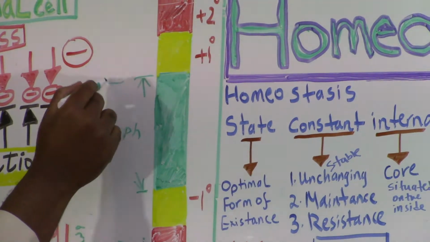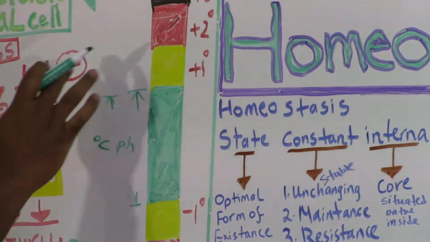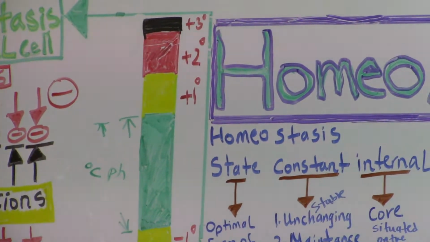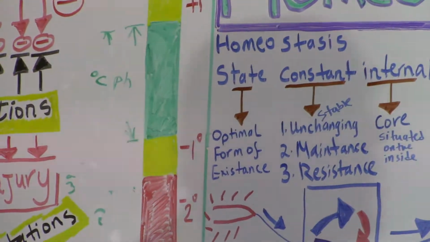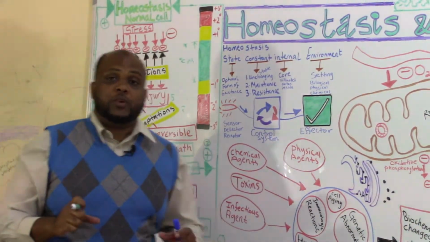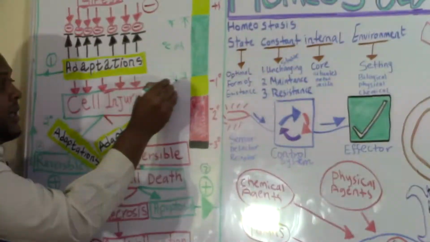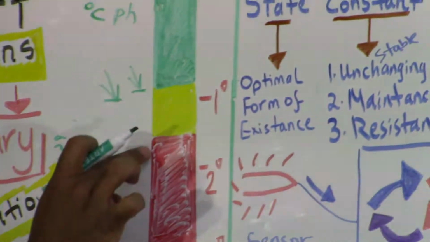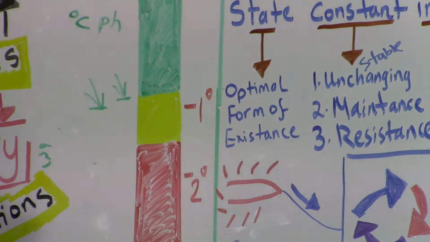Above a certain temperature, the cell will undergo cell injury. It might even die, and these very important enzymes will denature and the cellular organelles will fall apart. And there is a minimal lower temperature below which the cell will definitely be injured.